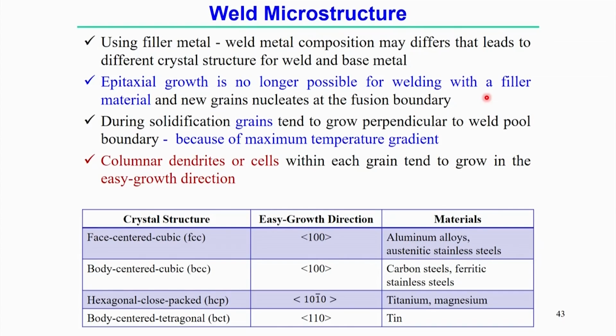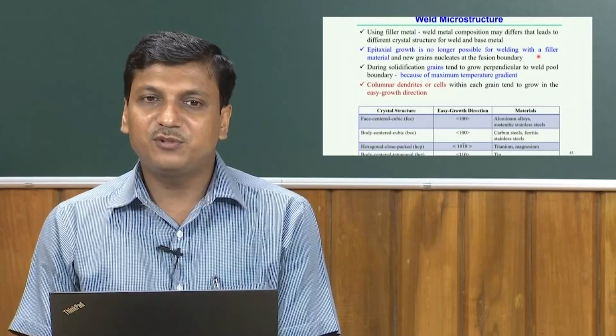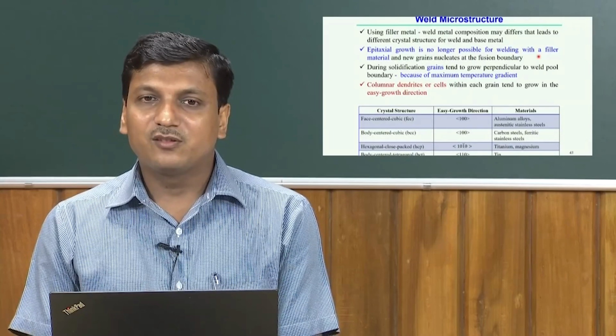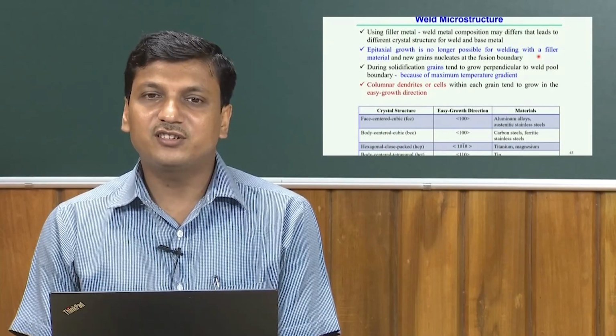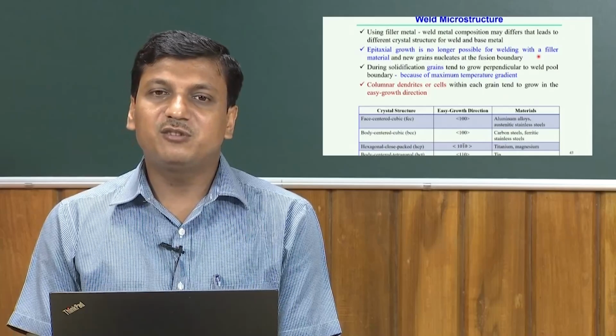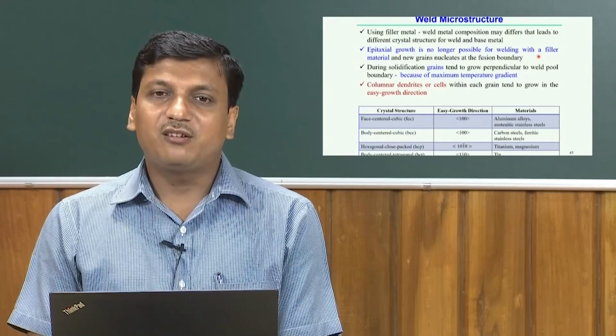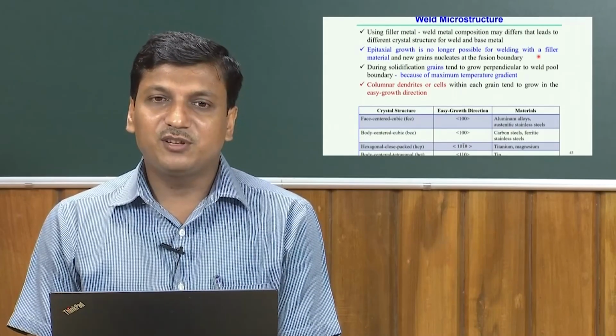That means different crystal structure materials have different easy growth directions. For example, for the FCC structure, 100 is the easy growth direction, and we can observe this specifically for aluminum alloys and austenitic stainless steel.